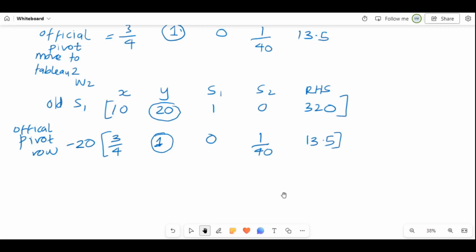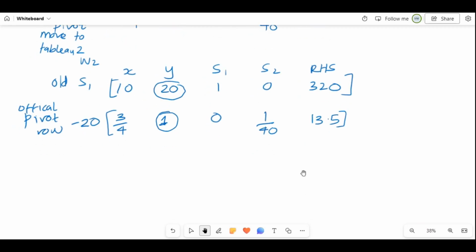So this would be negative 20 times 3/4. That will be negative 60/4, which is the same as negative 15. Then negative 20 times 1 is negative 20. Negative 20 times 0 is 0.